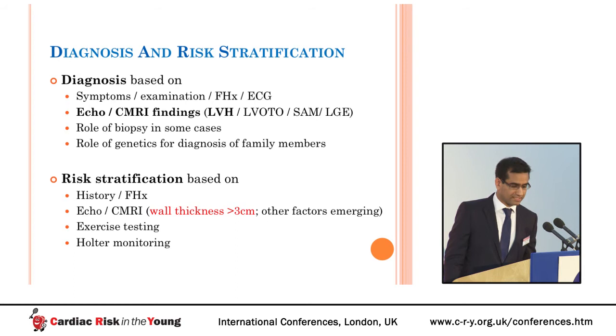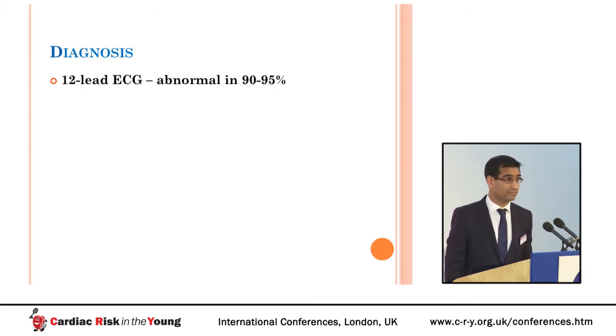So after history and examination, one of the most useful first-line investigations is a simple 12-lead ECG, which is abnormal in up to 90 to 95% of patients. And again, a wide variety of ECG abnormalities may be seen.